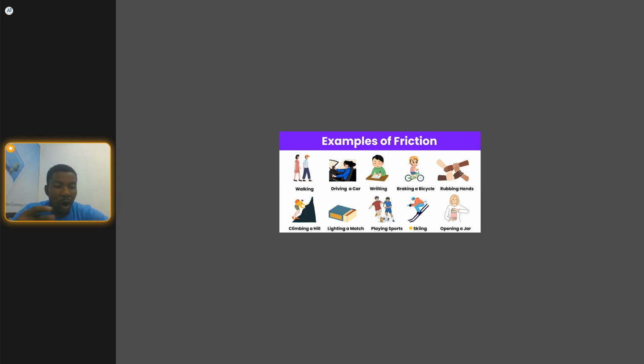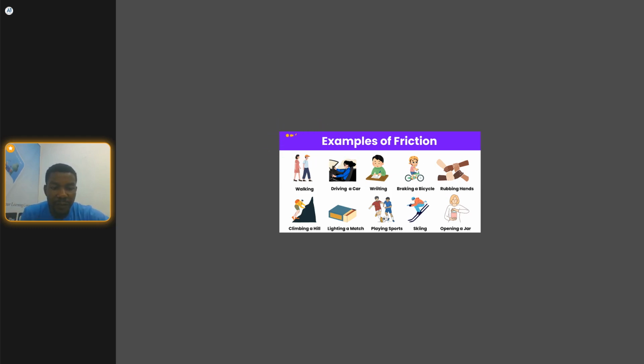There will not be an opposition between the two bodies in contact, which is your shoe and the surface of the ground. So there must be a force that will oppose each other for walking to be possible. I believe that's clear to us.